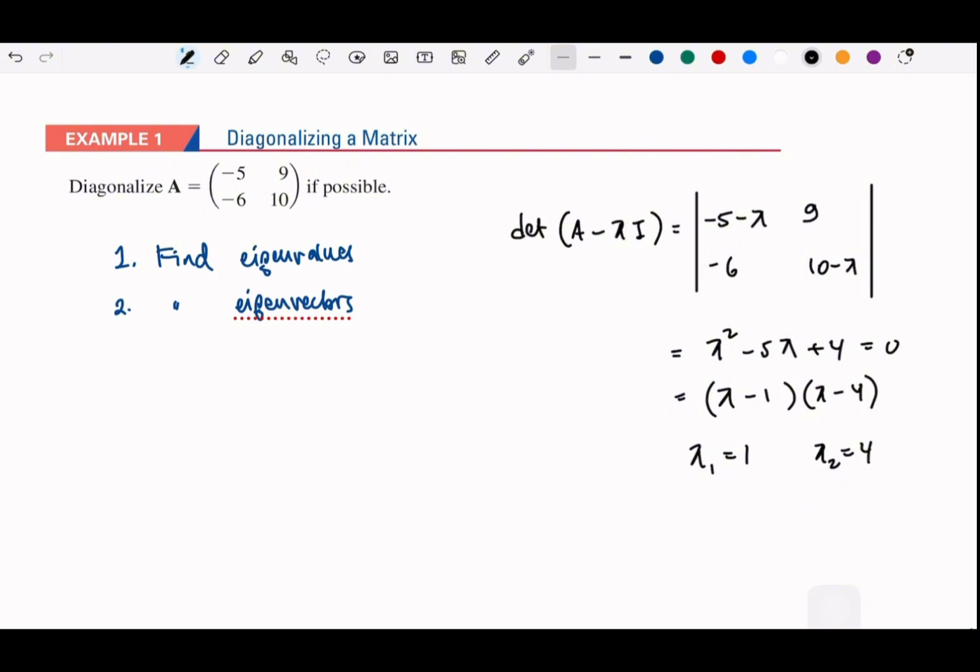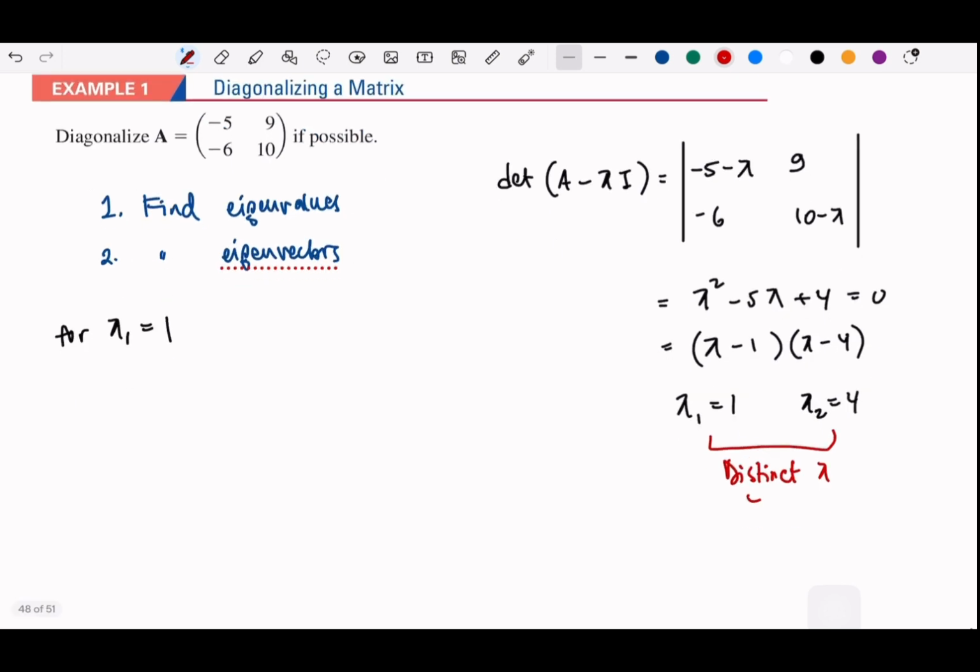From these eigenvalues, we can check each one of them for the eigenvector. For lambda 1 equal to 1, and since these are distinct lambdas, we say that this is going to be diagonalizable. So we now find the matrix P, which is composed of the eigenvectors.